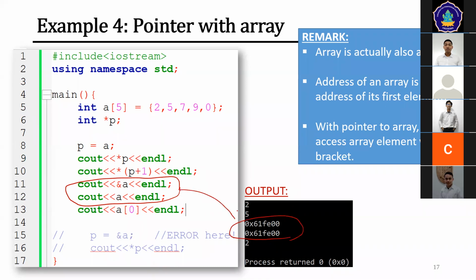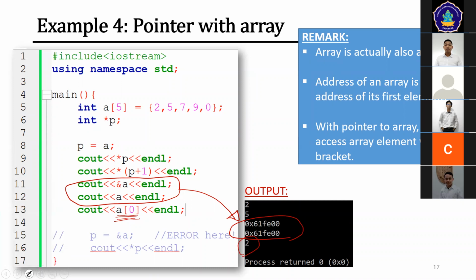This is the result from these two. They give the same thing, right? But if you talk about the pointer, it has its address and also the value that it stores. So this is the thing that is different between array and pointer. And if you're trying to access the first element of the array, okay, you can say a here by using the bracket symbol. Okay, you will obtain this one.